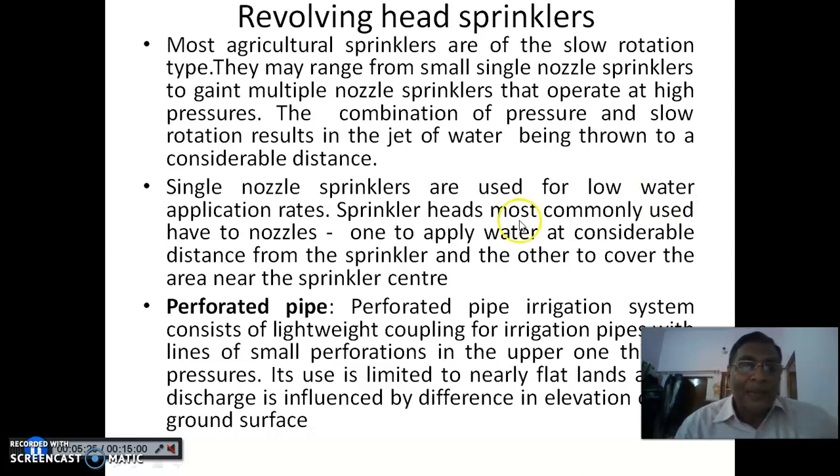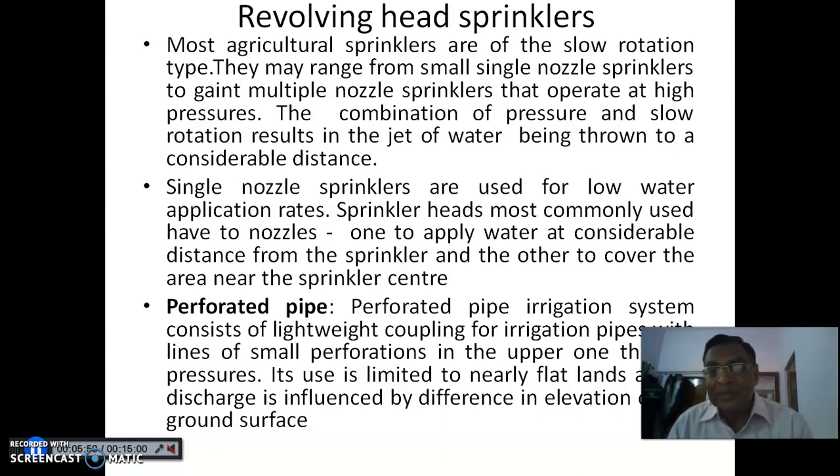Then there are other things like the perforated pipe. A perforated pipe is simply a pipe with perforations, at the end or in the middle, depending upon your sprinkling. The perforated pipe irrigation system consists of lightweight coupling irrigation pipes with lines of small perforations in the upper one third of the pipe.